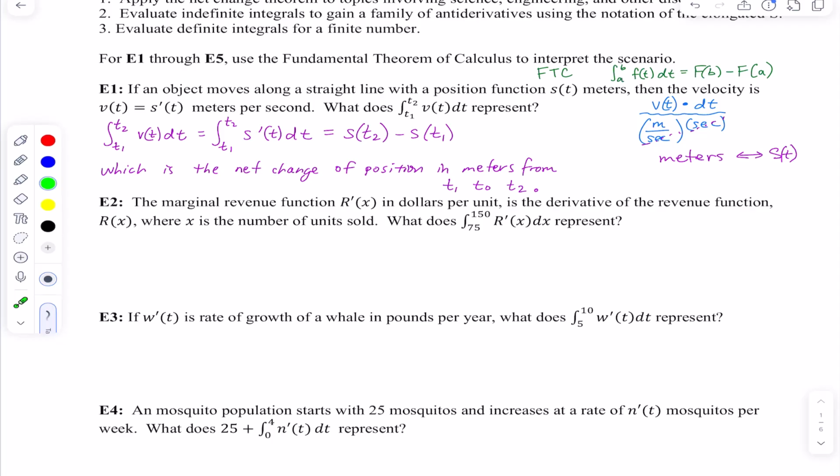Let's look at a different scenario. The marginal revenue function, derivative of capital R of x, is measured in dollars per unit. This is obviously the derivative of the revenue function, capital R of x, where x is the number of units sold. What does this definite integral represent? Once again, we could actually multiply the units that represent the derivative of R of x times dx.